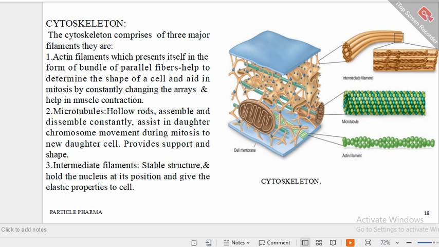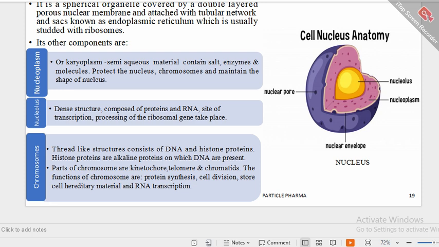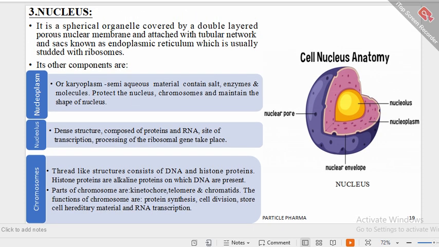Moving on to the last subcellular organelle, that is the nucleus. The nucleus lies in the center of the cell most of the time, and is a double-layer organelle which is porous in nature, allowing only some substances to pass through it, and it is continuous with the endoplasmic reticulum.